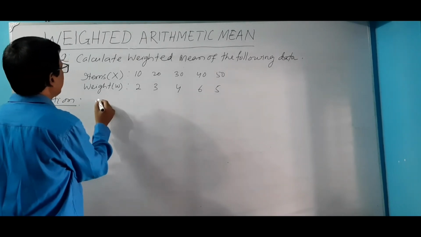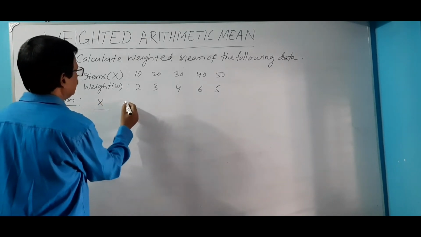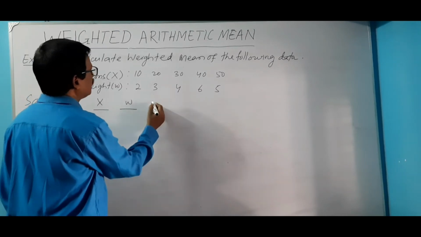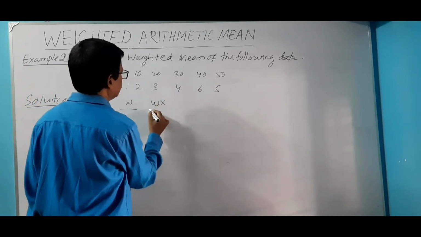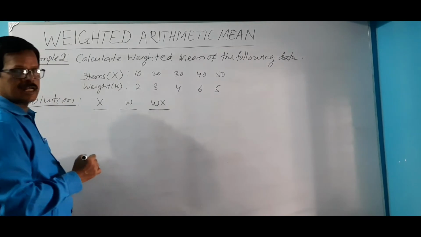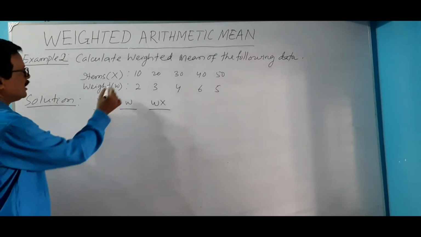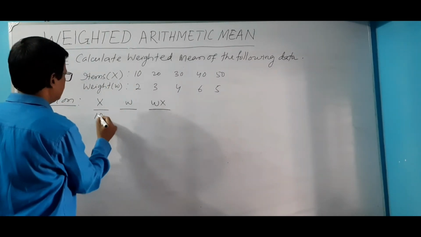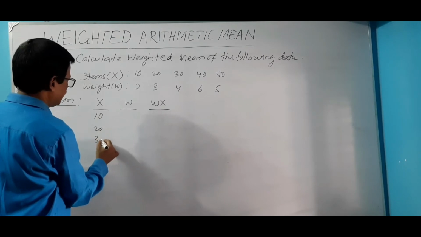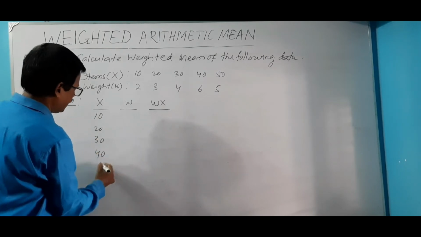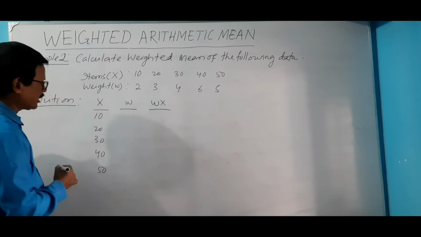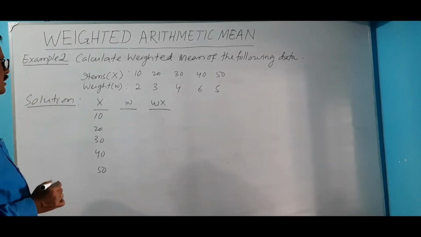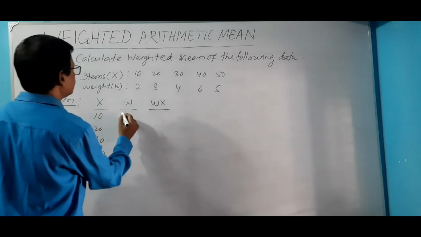Take in tabular form X values, W values and Wx, as in the last example we solved. X values 10, 20, 30, 40 and 50. Then weights 2, 3, 4, 6, 5.